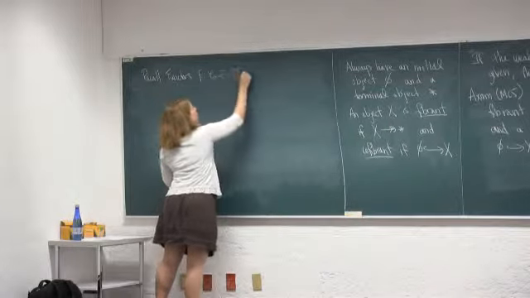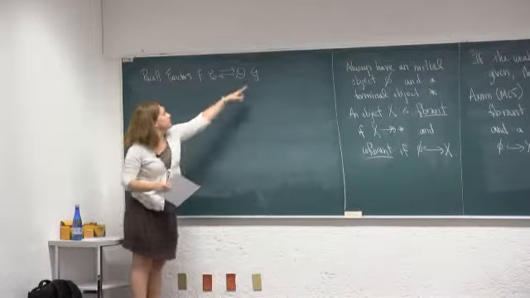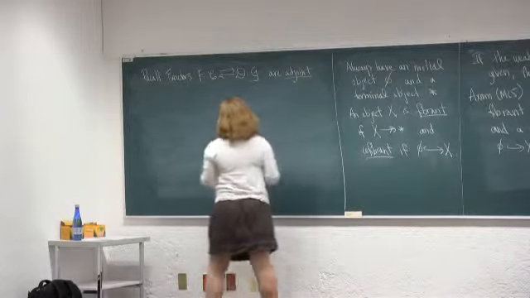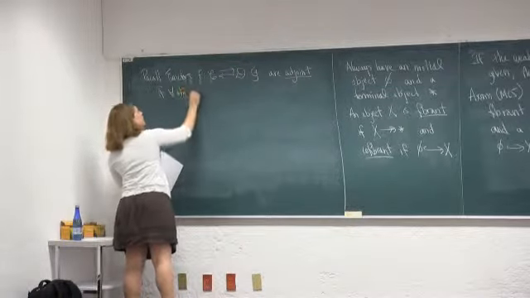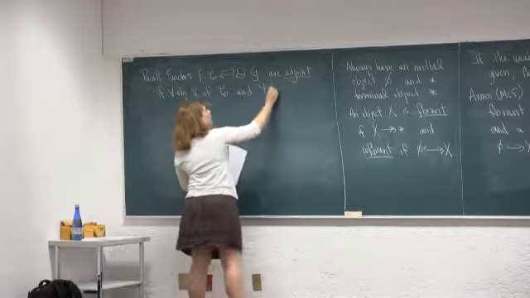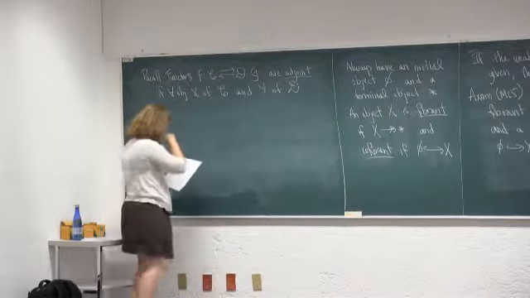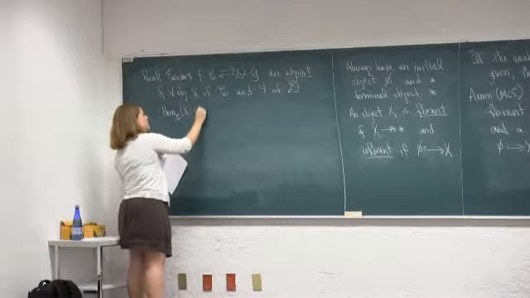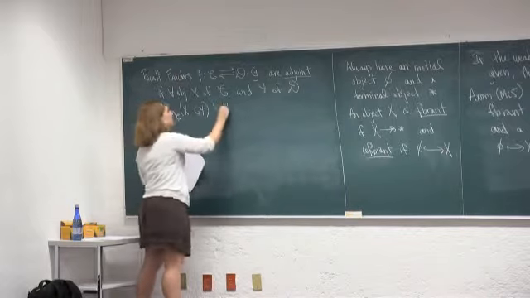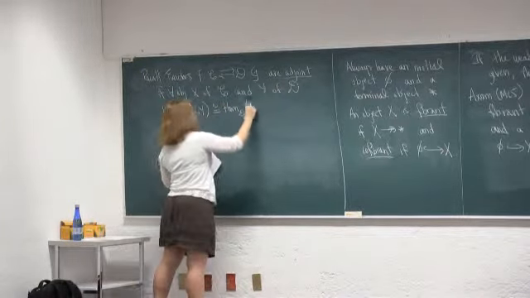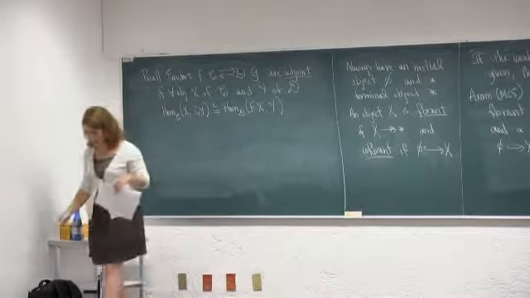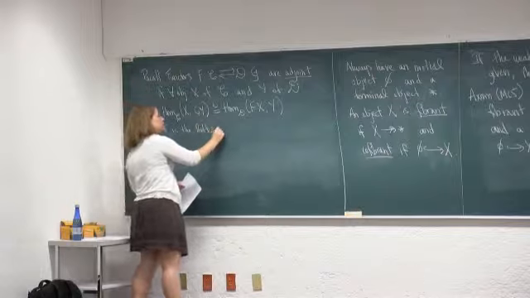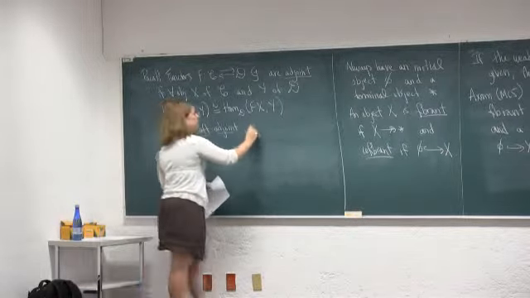So suppose C and D are categories, and I have a functor F from C to D and a functor G from D back to C. These are adjoint if, for any object X of C and any object Y of D, the maps in C between X and G of Y are exactly the same as the maps in D from F of X to Y. And so we say that F is the left adjoint and G is the right adjoint.